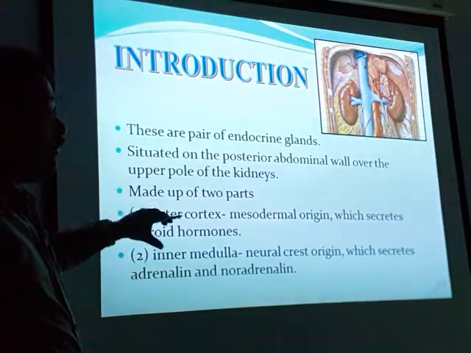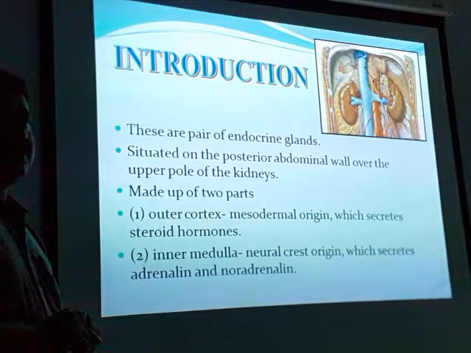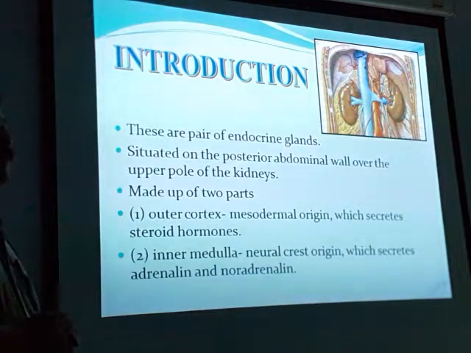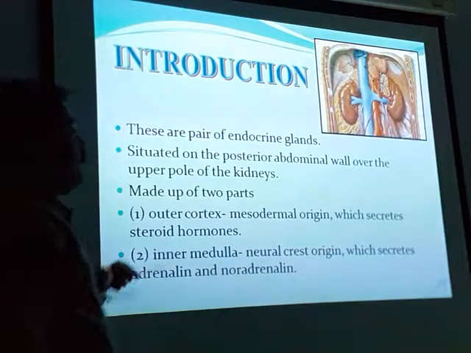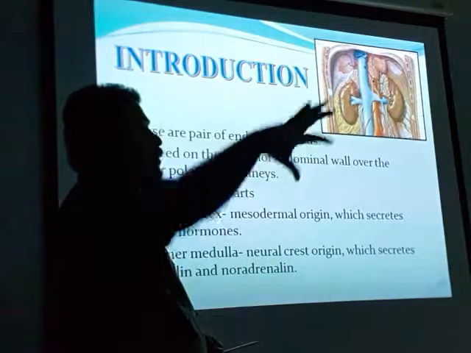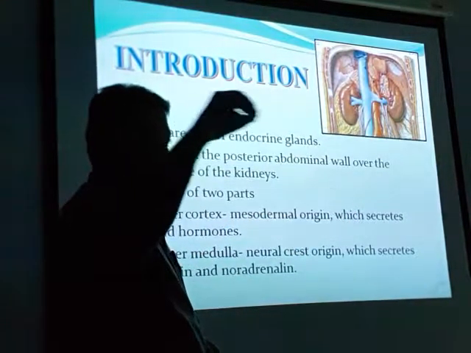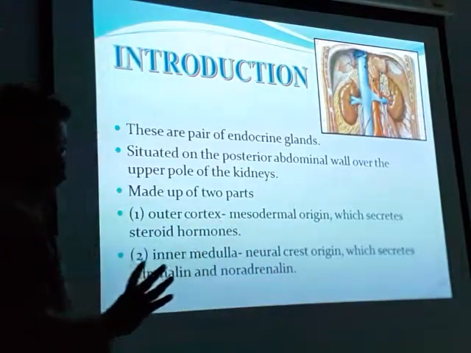The inner medulla is of neural crest origin and secretes adrenaline and noradrenaline. So this is the developmental aspect: the cortex is derived from mesoderm, and the medulla from neural crest cells.